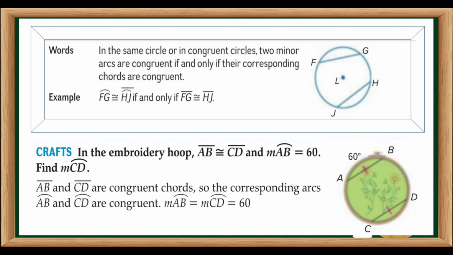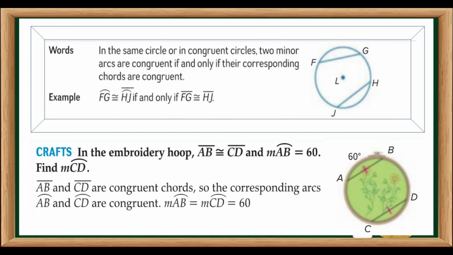We have here a real-life problem. In the embroidery hoop, segment AB is congruent to segment CD, and the measure of arc AB is equal to 60 degrees. Find the measure of arc CD.